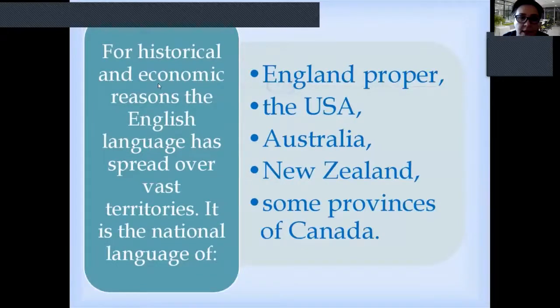For historical and economic reasons, the English language has spread over vast territories. It is the national language of many countries. In England, it is standard English. It is their own language, used both orally and in written documentation.